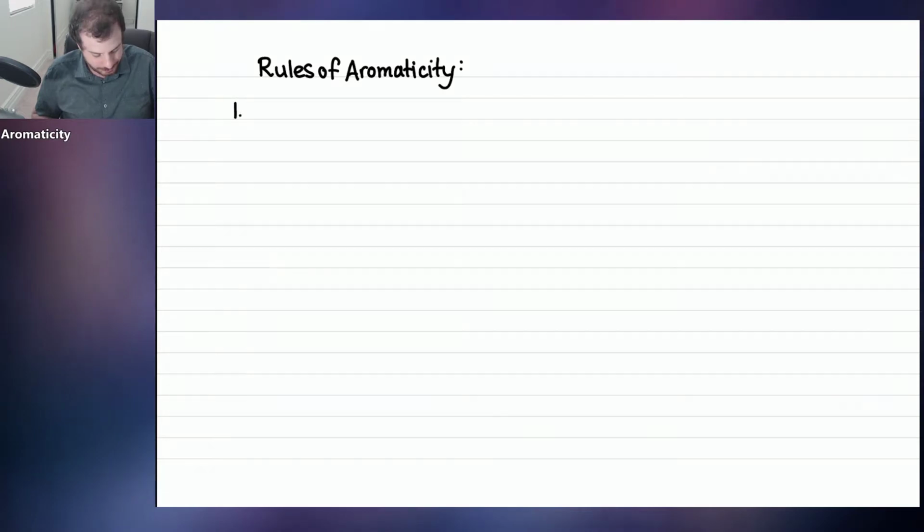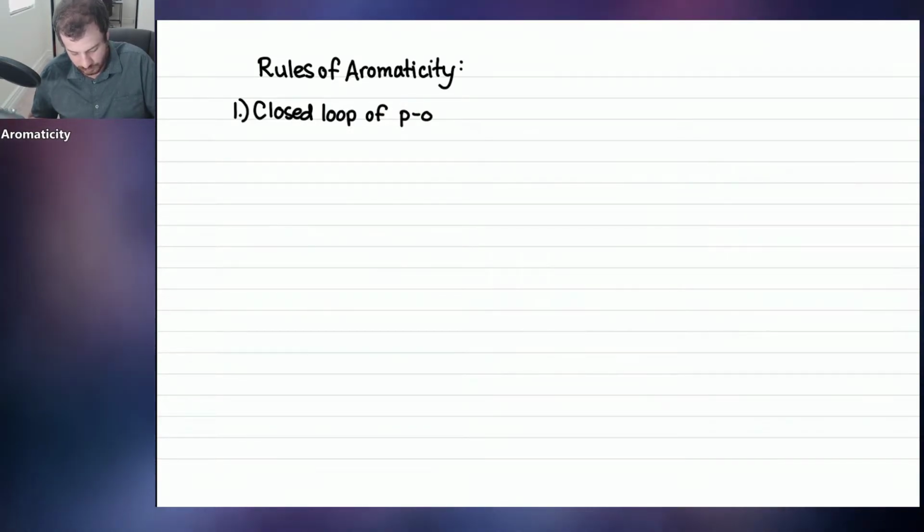Number 1. The first and most important rule of aromaticity is that you need a closed loop of p orbitals. In other words, we basically need a ring, that's the closed loop part, and we need p orbitals, which means that the hybridization of those atoms in the ring has to be sp2.